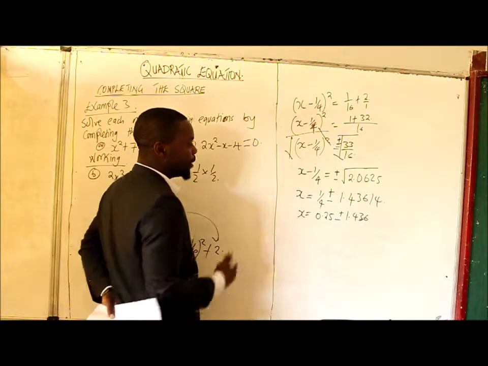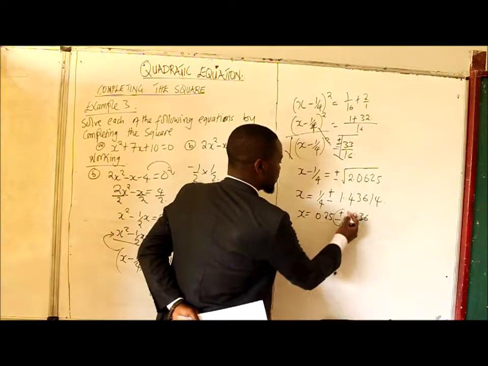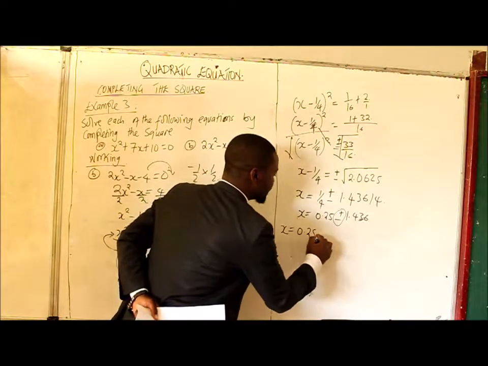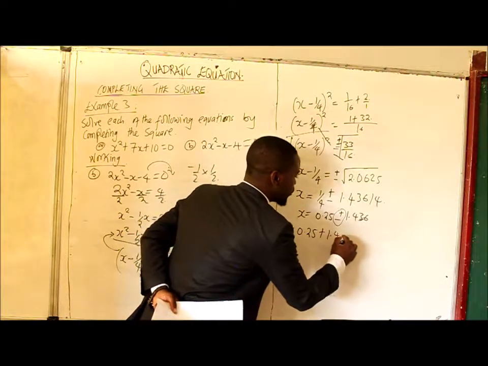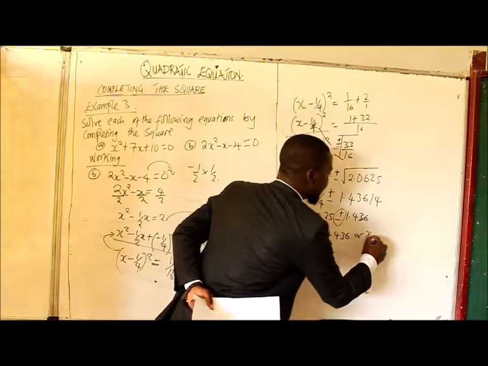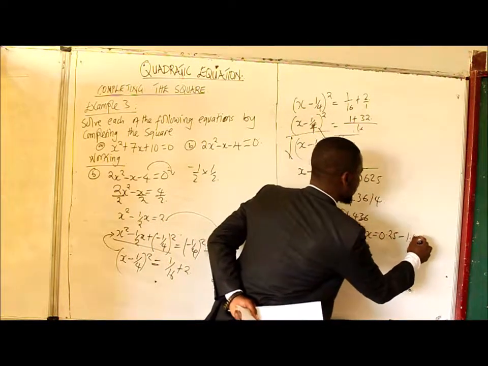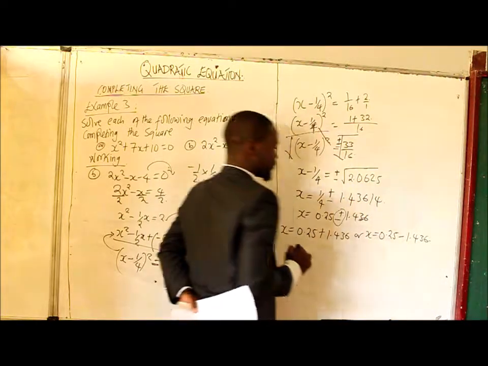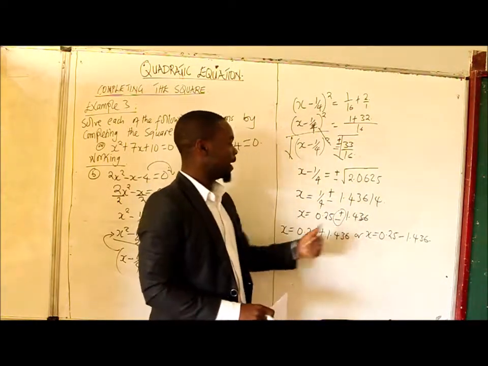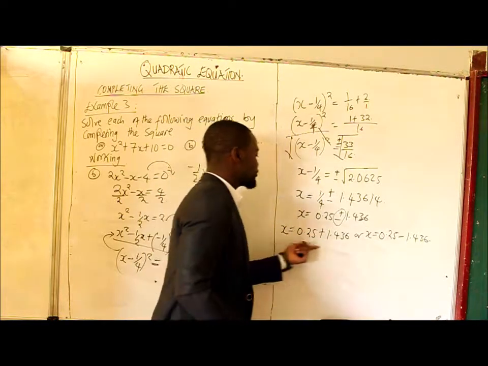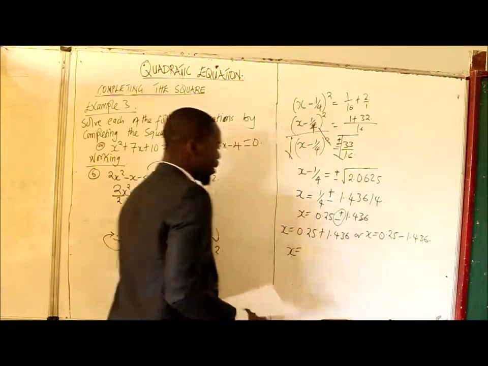Alright. So from here, let's separate our positive or negative. So we are going to say x is equal to 0.25 plus 1.436, or x is equal to 0.25 minus 1.436. So we have separated positive or negative. Right. So when you use your calculator, or when you simplify these expressions, what are you having?